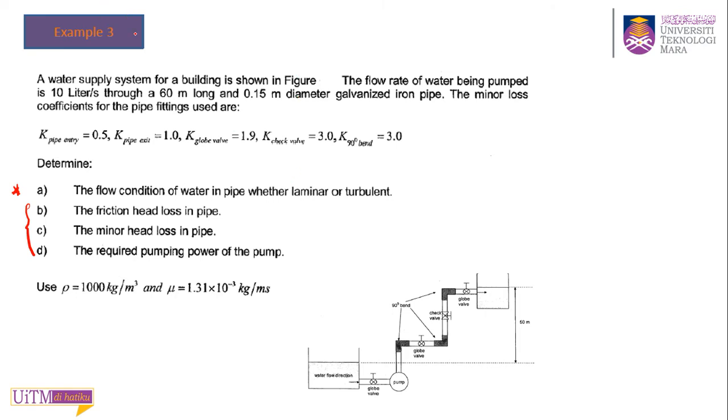Example 3: a water supply system for a building is shown in the figure. So this is the figure, your piping system network. The flow rate of water being pumped, so there is a pump, because we know we have losses, that's why we have a pump inside our piping system. The flow rate is 10 liter per second.